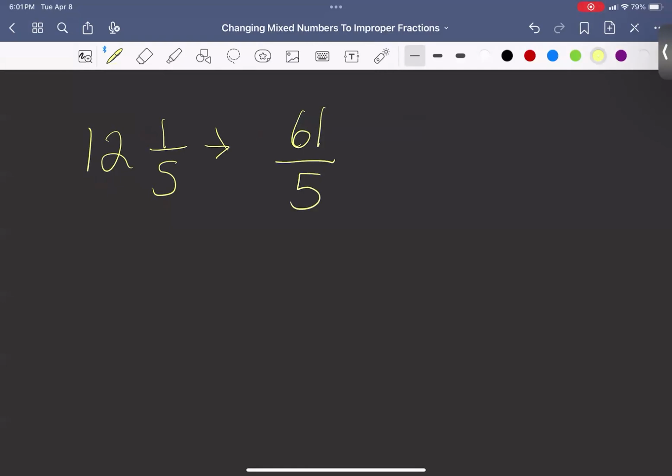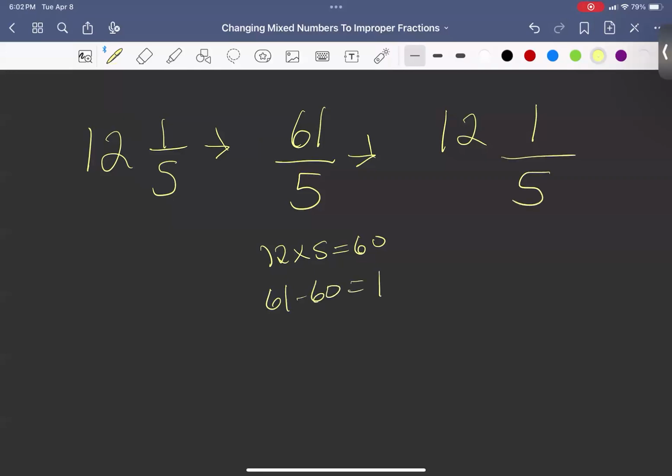Now, if we want to change this back, we divide. 61 divided by 5 is 12, because 12 times 5 is equal to 60. There's 1 left over, because 61 minus 60 is 1, and we keep the same denominator, 12 and 1/5.